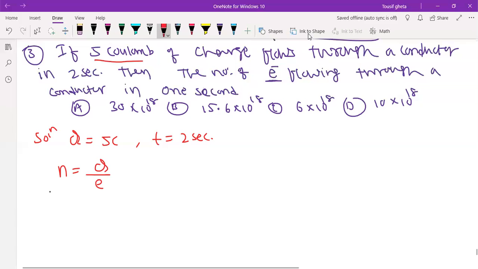Current we will find out first. First, find out the current, the rate of flow of charge. Q is 5, time is 2. Okay, this is the current.